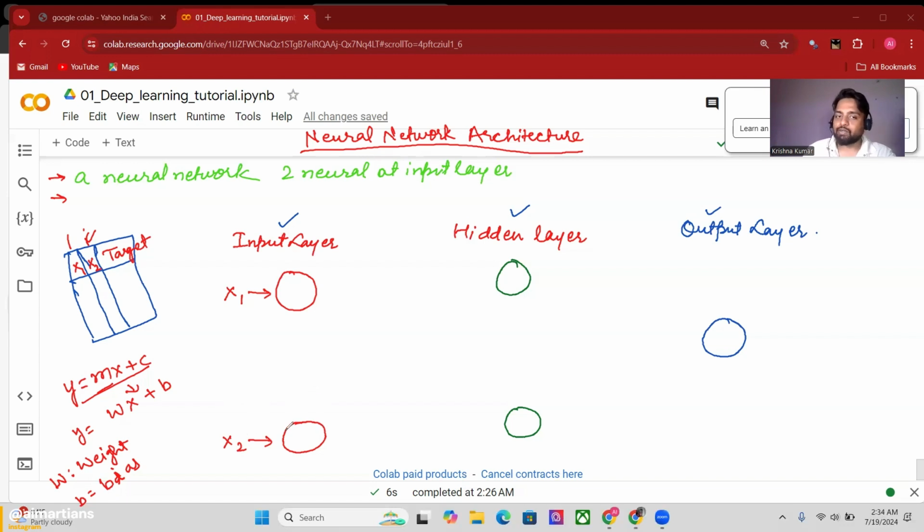So I passed this. Now what will happen next? Suppose I have data like 1 2 3 4, and 7 4 3 2, with some target, let's say 0 1 1 0. It's a binary class, so there are only two classes.